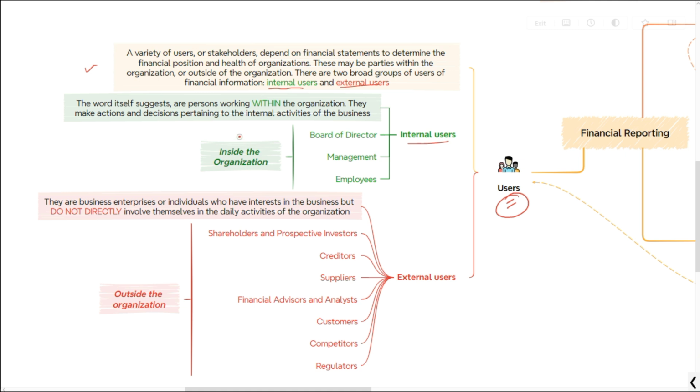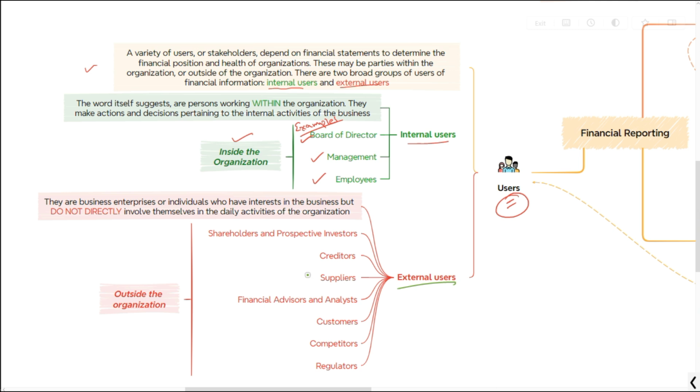Internal users are inside the organization, and the word itself suggests that they are the persons working within the organization. They make actions and decisions pertaining to internal activities of the business, and examples of internal users are the board of directors, the management, and employees.